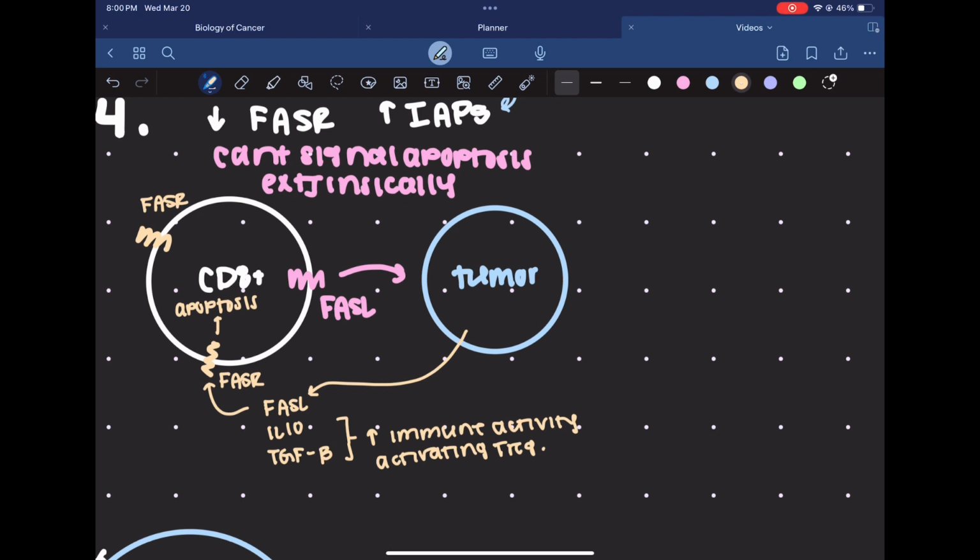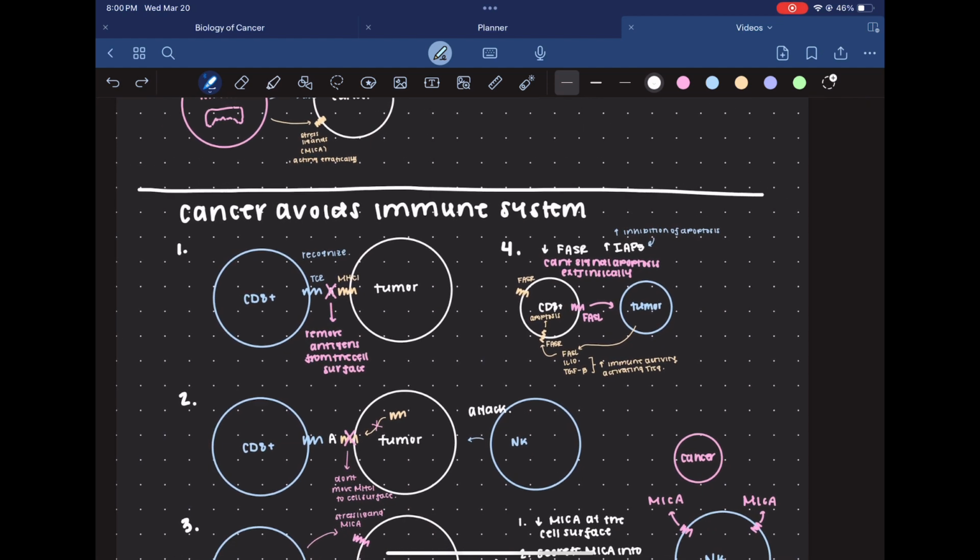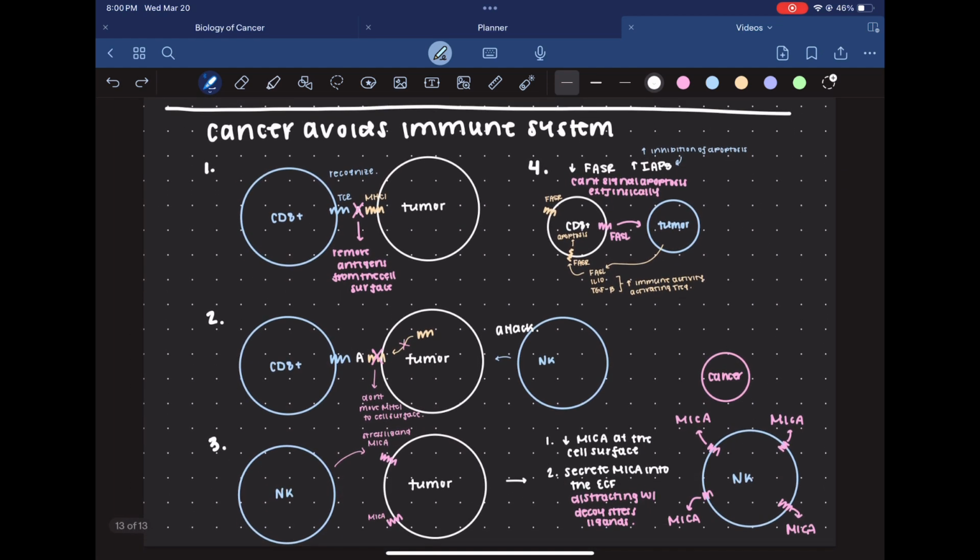So this is cancer's offensive way of fighting back and saying, not only am I going to remove a lot of my own receptors and molecules, I'm going to start to secrete some molecules that can actually hurt the immune system as well. All right, that was my overview of how cancer can fight back and avoid the immune system.